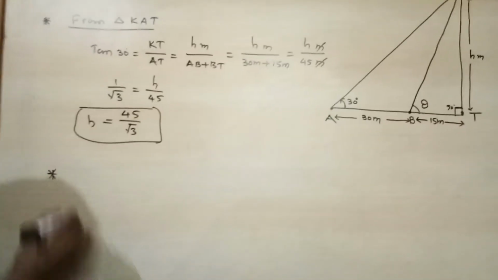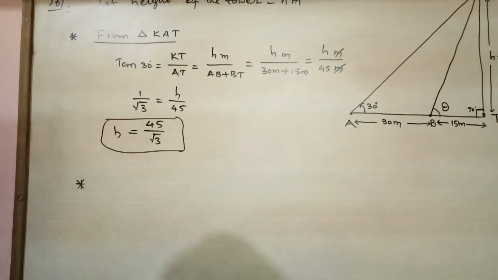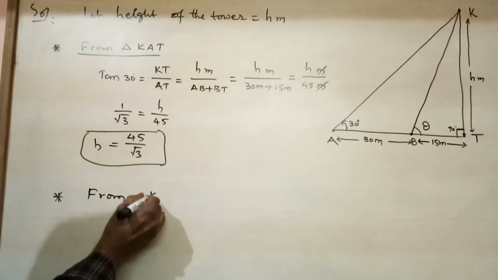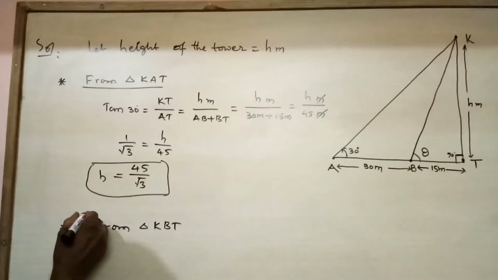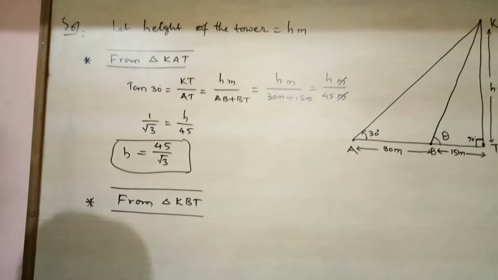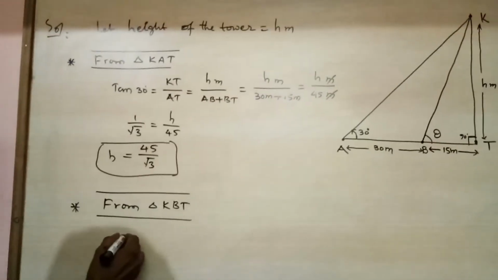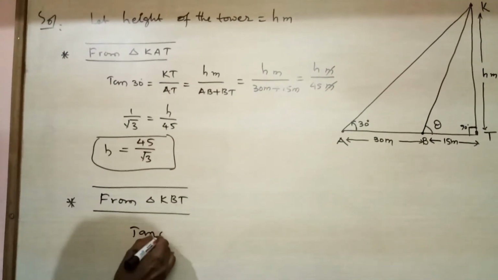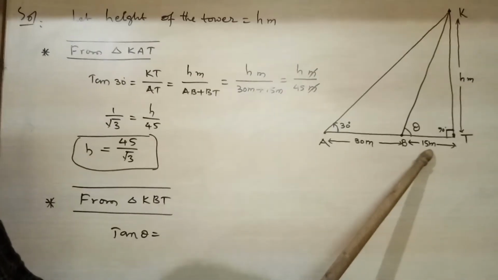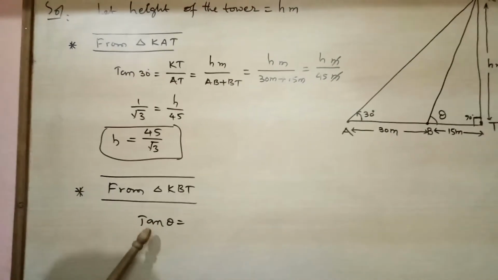Now consider the right angle triangle KBT. From triangle KBT, we find theta, which is required. Here the known values give the opposite side and the adjacent side. That's why I am using tan theta.